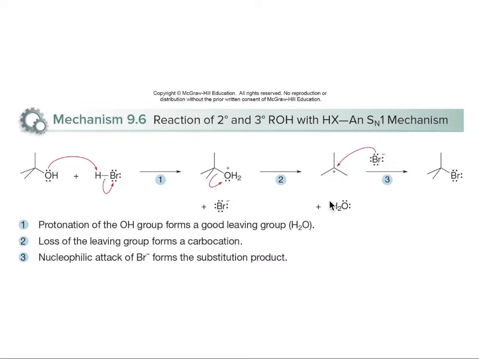And remember that in this particular case, we will get a mixture of the Br attacking from the top and the Br attacking from the bottom. In this case, that doesn't matter because this carbon right here is not chiral, but it will matter from now on if that reaction happens in a carbon that is chiral.